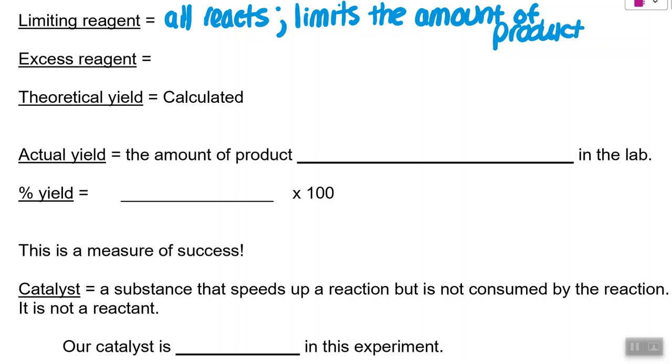The excess reagent does not all react, so there'll be some left over. And it would predict too much product because it's not really going to all react. It can't. There's not enough of the limiting reagent.